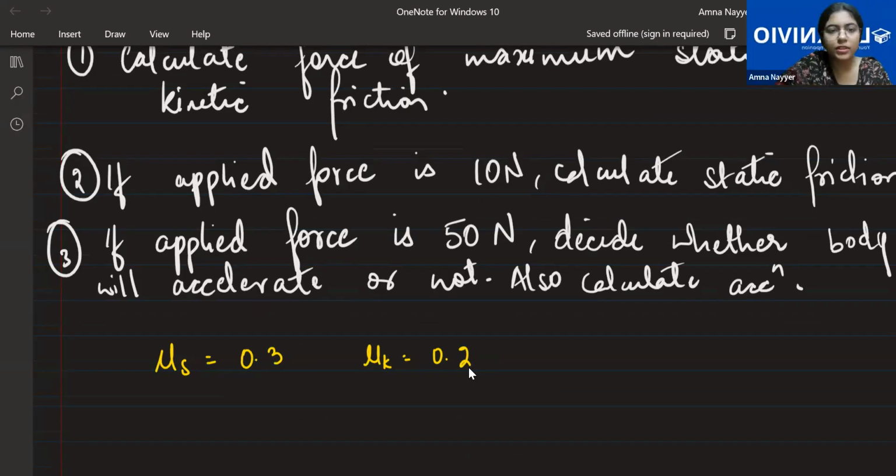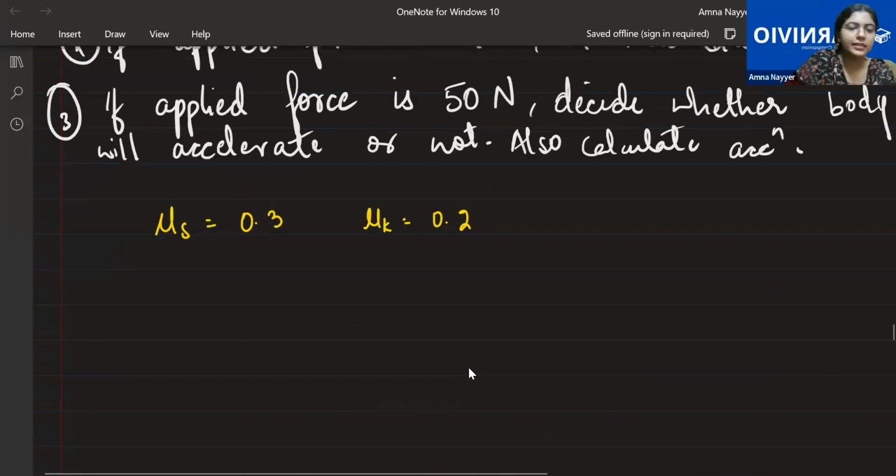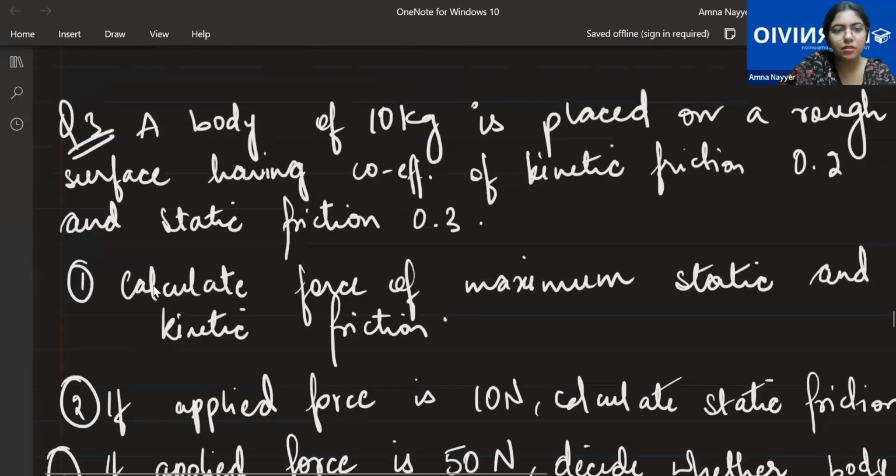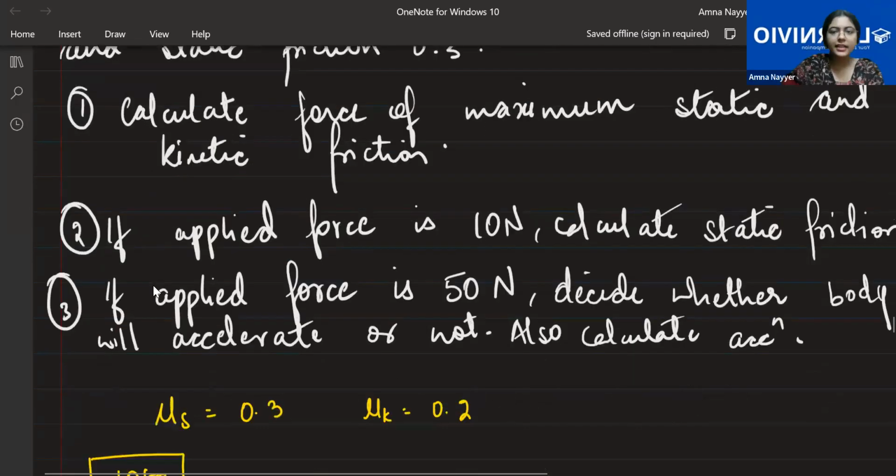The body has the mass of 10 kg. It says calculate force of maximum static and kinetic friction.